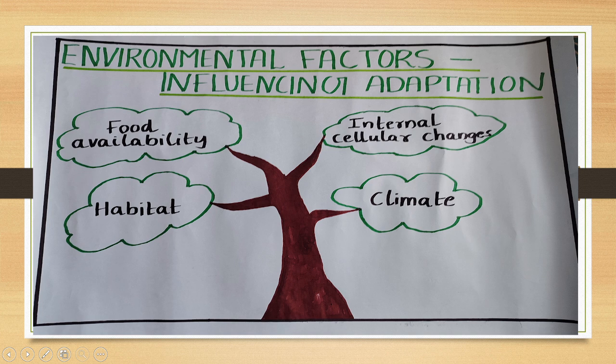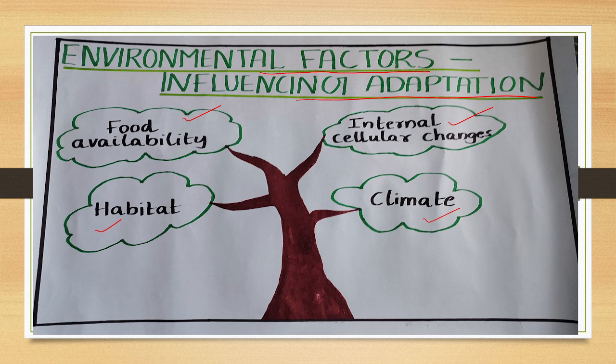Now, look at this tree chart. In this, you can see the environmental factors influencing adaptation. Just observe what are the factors. Yes, you can see habitat, food availability, internal cellular changes, climate.